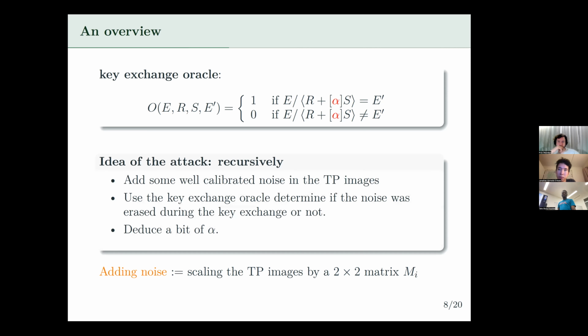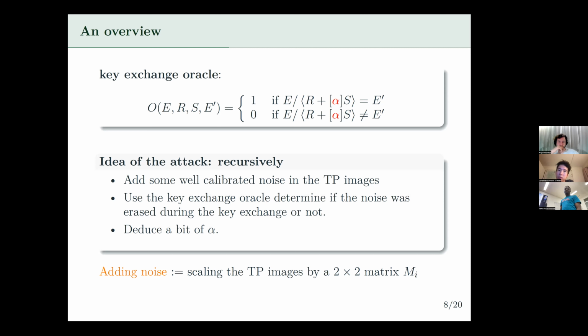Then the idea of the attack is to use public keys in which you add some well-calibrated noise in the torsion point images. By well-calibrated here, I mean the point should be well chosen in such a way that the attack is effective. And then, when you add this well-calibrated noise in the torsion point images, you use the key exchange oracle to determine if the noise is cancelled when the honest party is computing the shared secret or not.